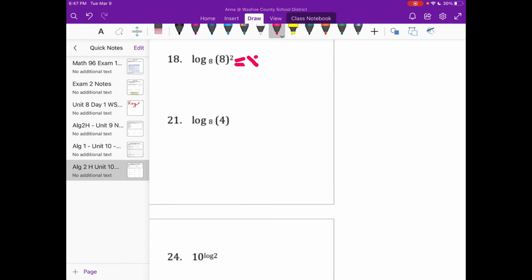So if we're still using what we've been doing, if we're keeping the bases the same, the base is 8. And the other two, right, change place. Base stays base, other two switch place. We have 8 to the x equals 8 squared, huh? Well, that one's pretty self-explanatory, right? Look, the x is an exponent, and this 2 is an exponent, so x would equal 2.